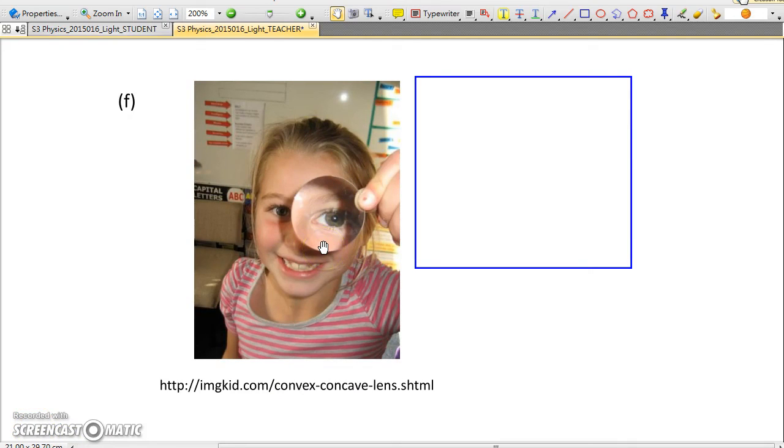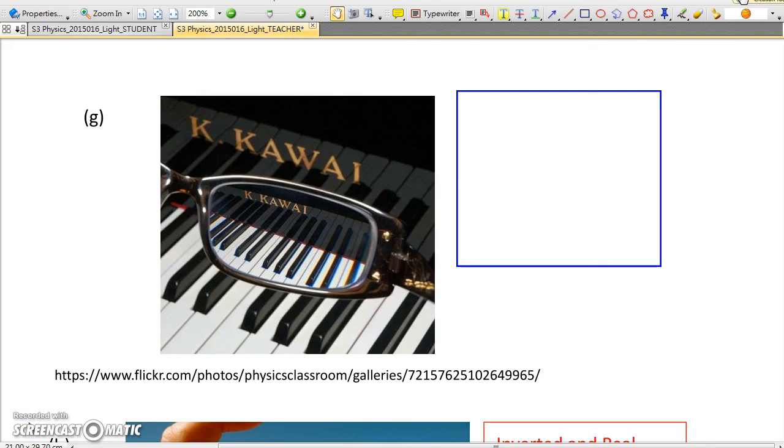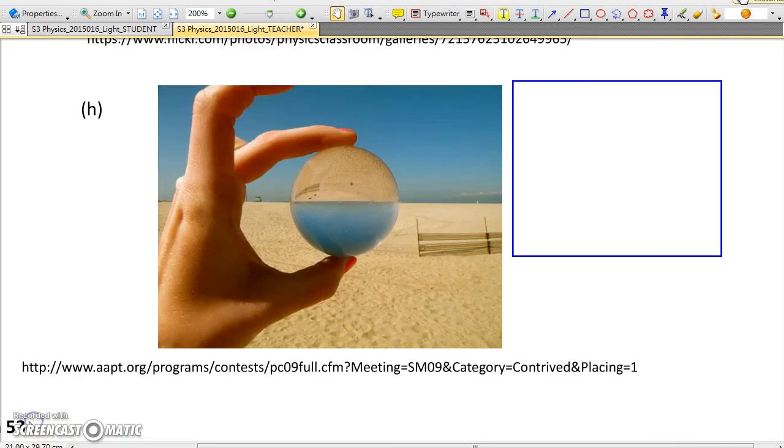Is it erect or inverted image? Is it magnified or diminished? What about picture G? What do you find about the image? Lastly, picture H. You can easily see that it is inverted. Is it magnified or diminished? Check.